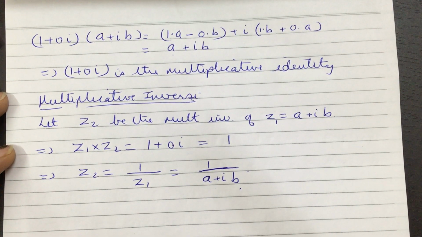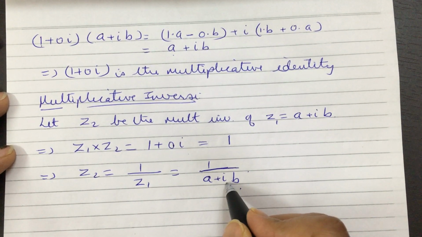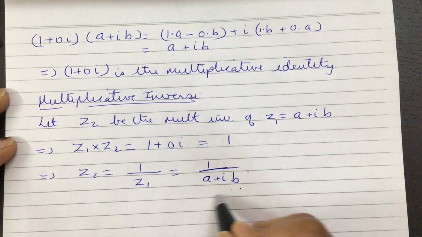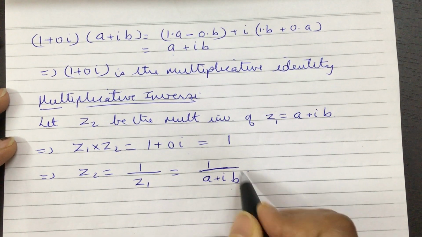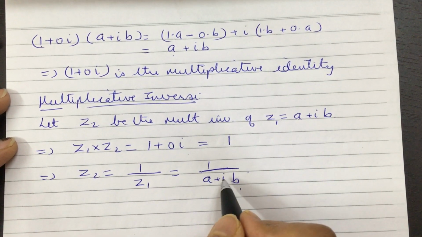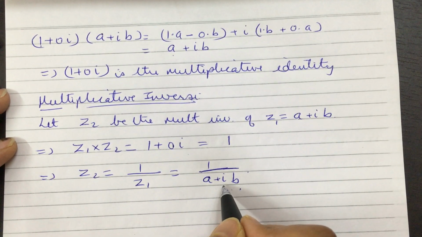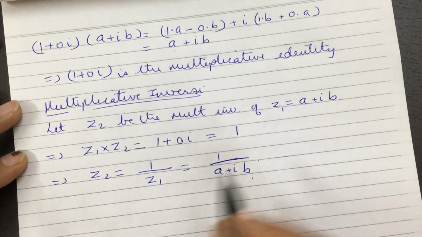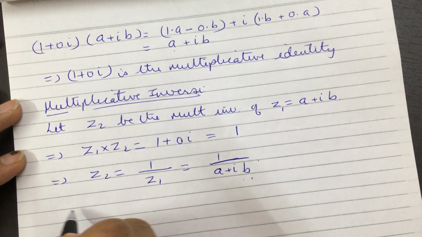So, we rationalize the denominator by multiplying and dividing by the same irrational number. Same way, we never leave a complex number in the denominator, or basically we never leave an i term in the denominator. We need to remove it, so we call it rationalizing the denominator.